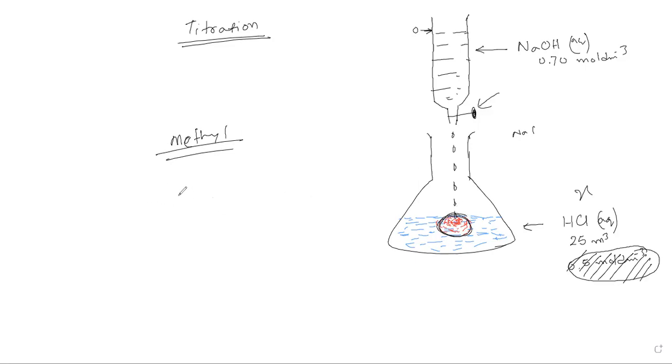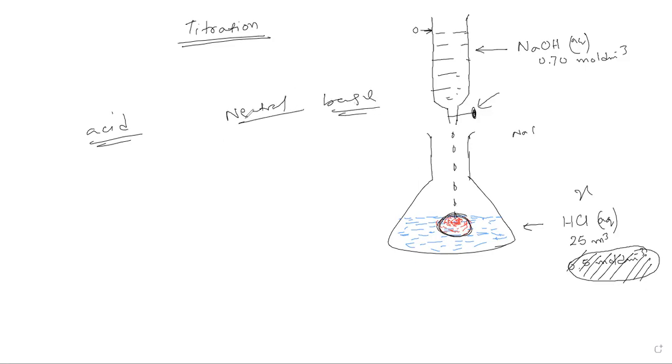Let's say an indicator shows a certain color in acid, some other color in neutral, and some other color in base.